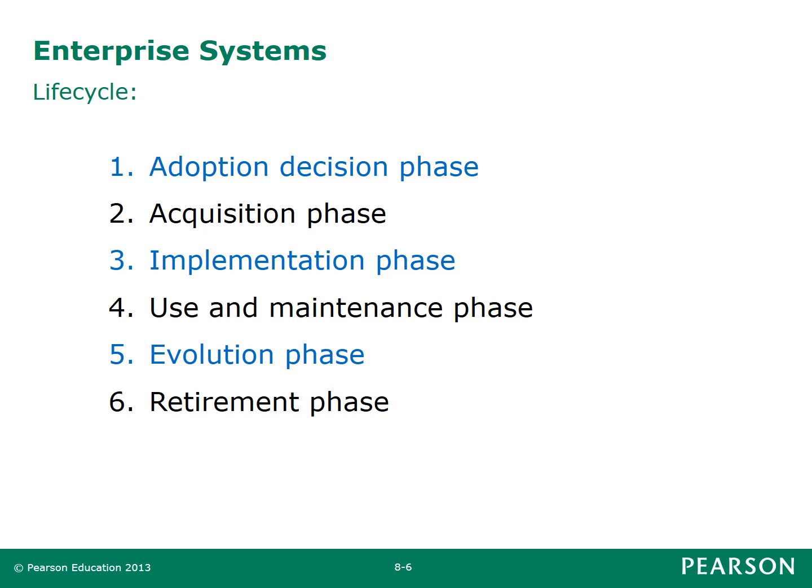This is the life cycle of an enterprise system, which is running over 3 phases, starting with the adoption decision phase. That is the decision-making phase.